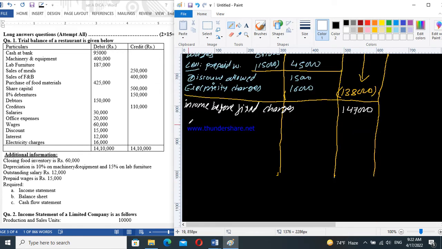Less fixed charges. Fixed charges involve interest.